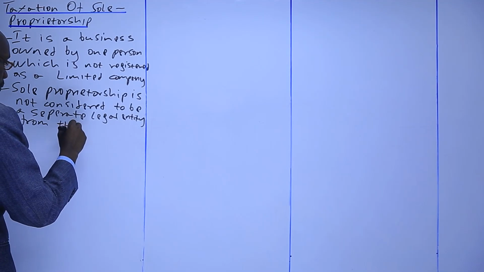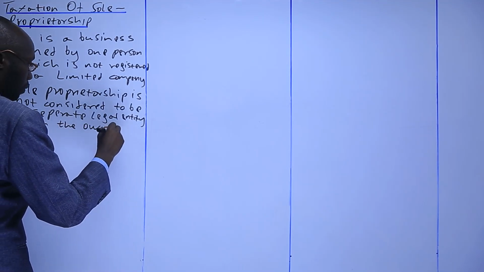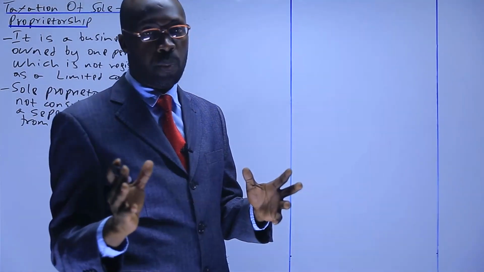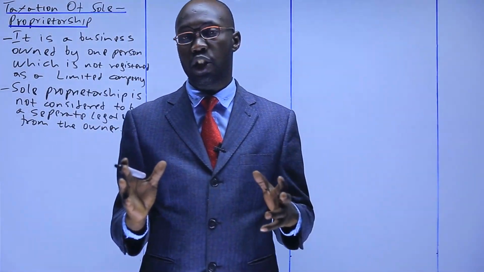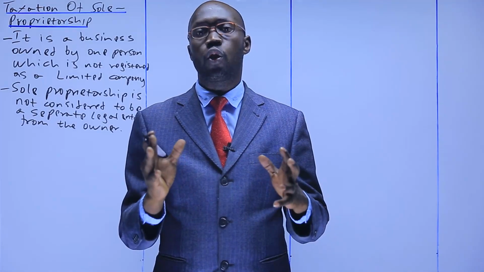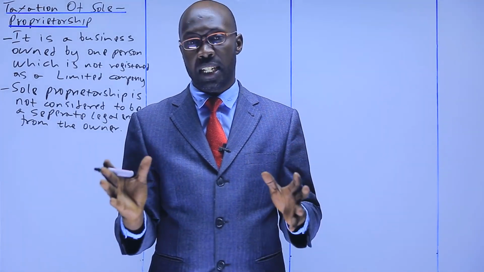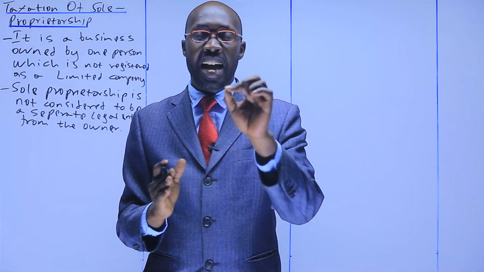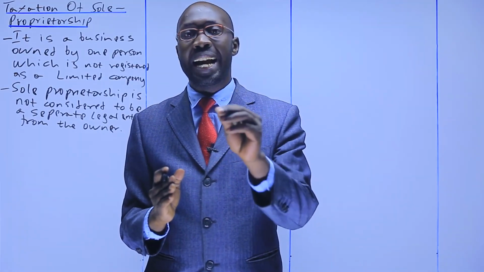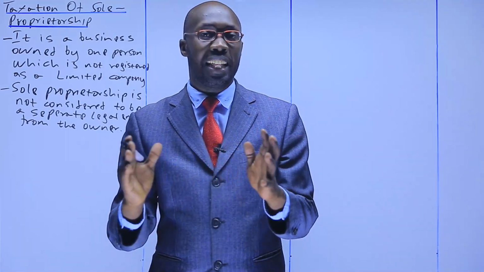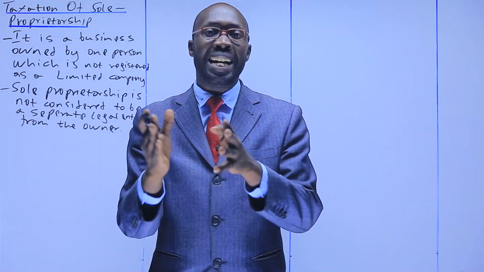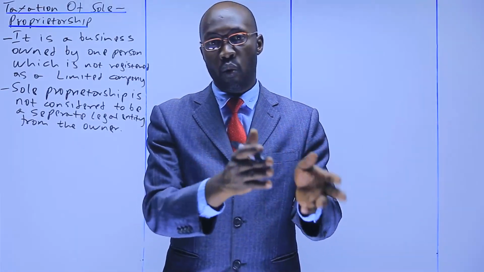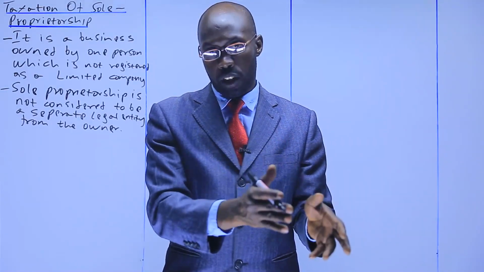When you're taxing the sole proprietorship, it is good to note that it is not considered to be a separate legal entity. What we mean by separate legal entity is that the business and the owner are considered to be one and the same thing. You don't separate the two. So that means that when you are taxing the sole proprietorship business, you tax the owner, not the business. The owner is the owner of the business.